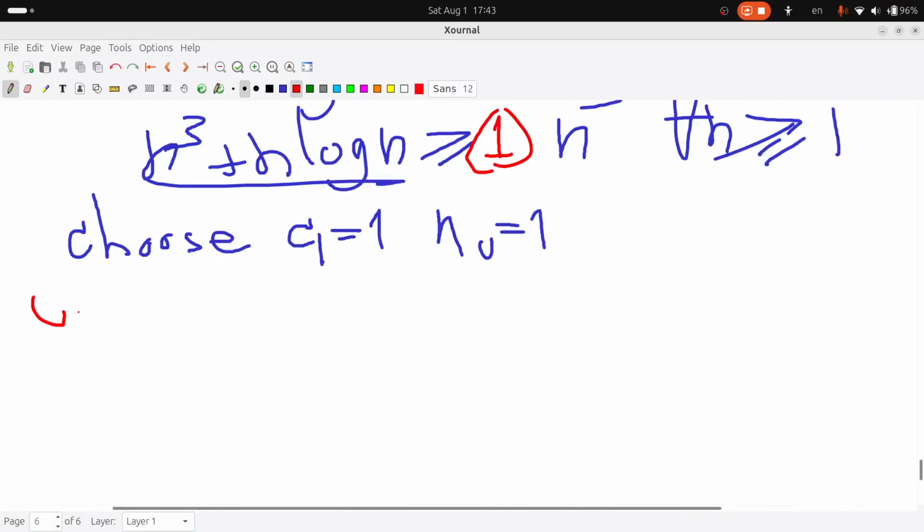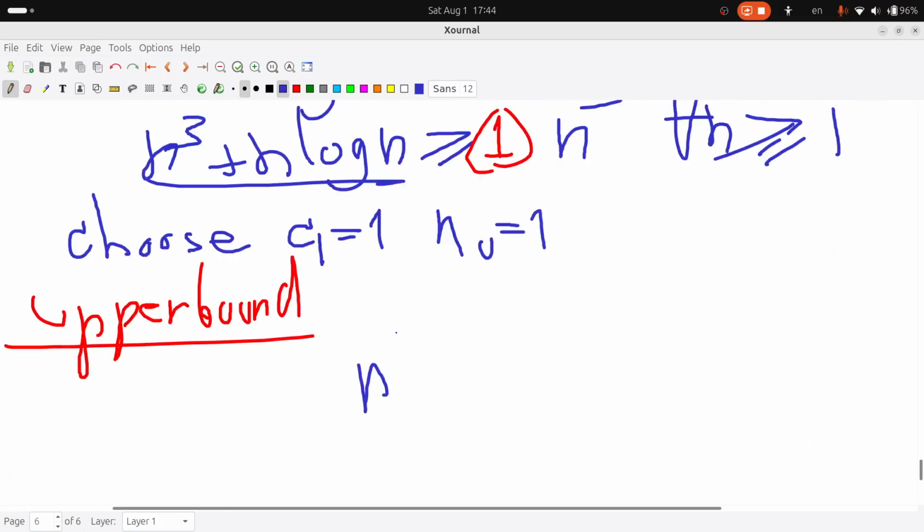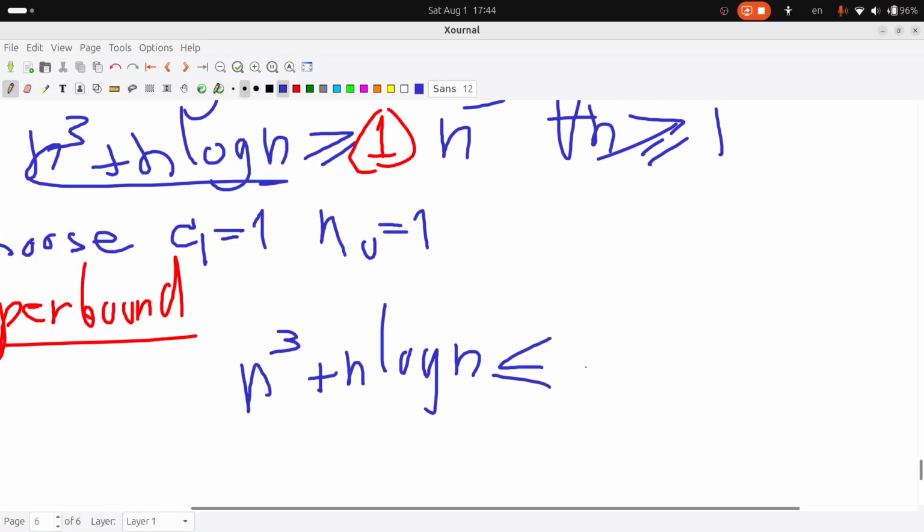Next is the upper bound, right? For the upper bound, n to the power of 3 plus n log n is less than or equal to c2 times n to the power of 3.